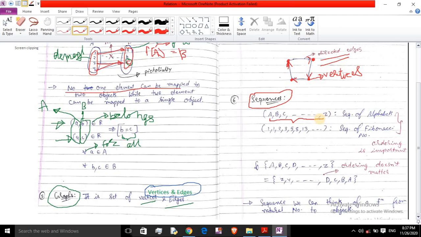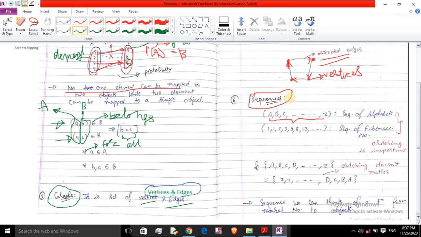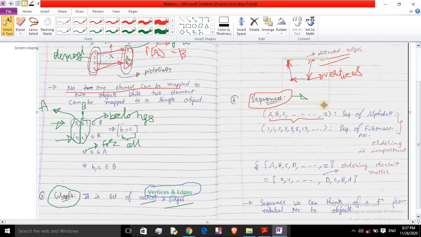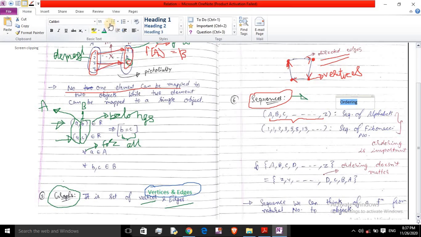There is a sequence of a Fibonacci series. Ordering is very important. In sequences, ordering is very important.